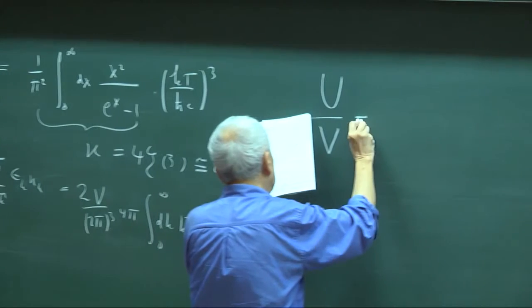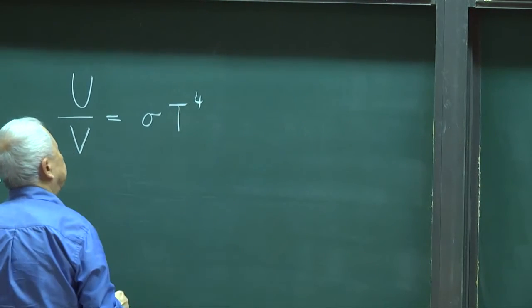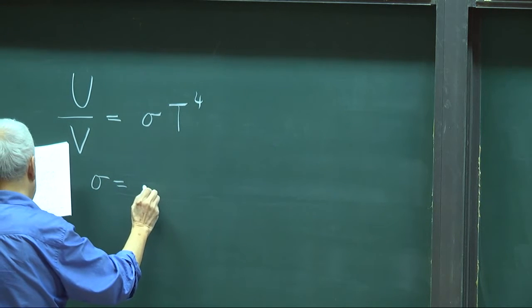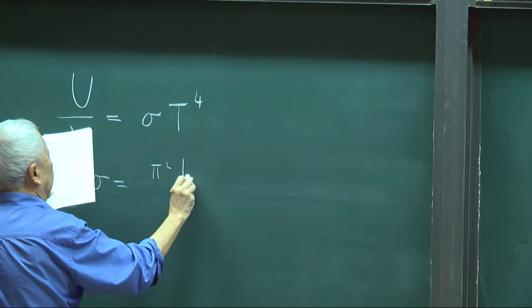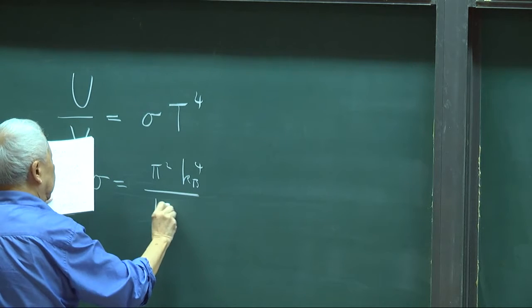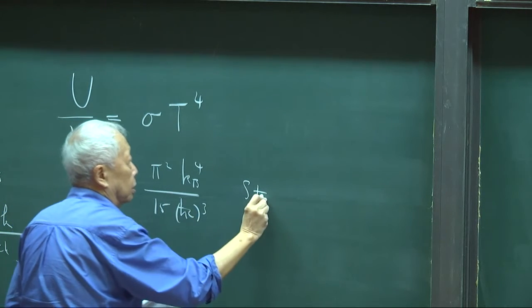The energy is equal to sigma times T to the 4th. And sigma is pi squared k Boltzmann to the 4th power over 15 h bar c cubed. Of course, this is called Stefan's constant.